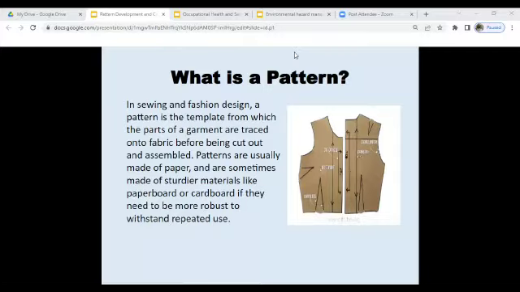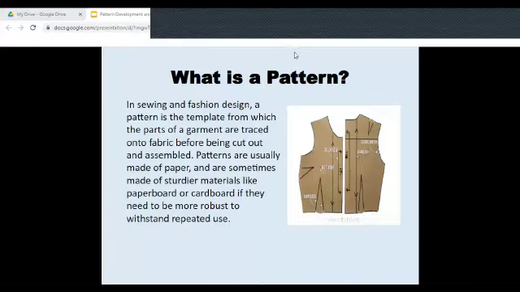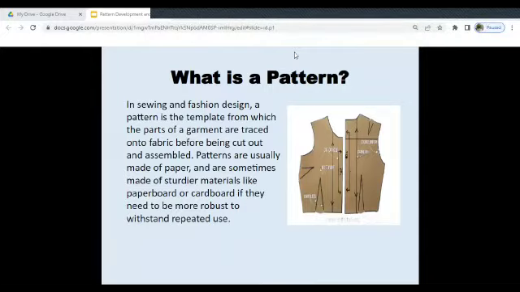The pattern is basically that same outline on paper. So you place this pattern on the fabric and cut around it. Patterns are usually made of paper and are sometimes sturdier material like cardboard if you want it to last longer, or in our case, we can use cartridge paper, because we tend to use our patterns over and over.